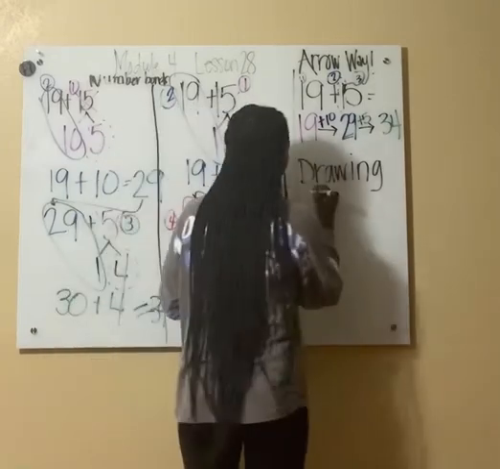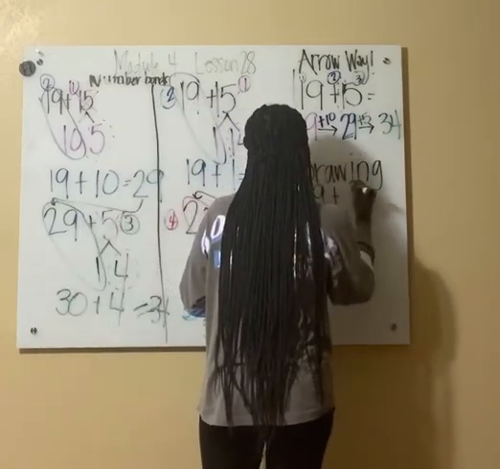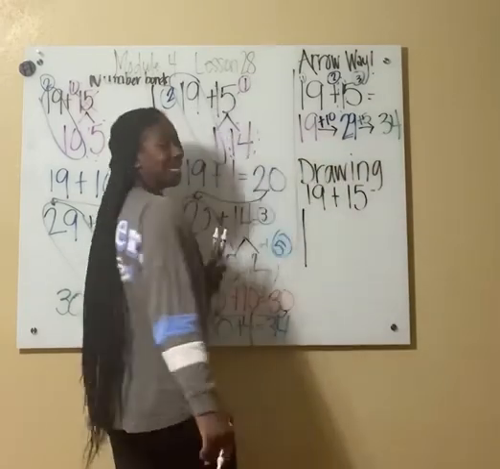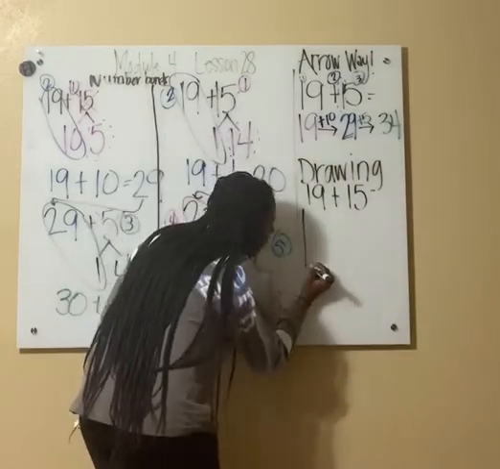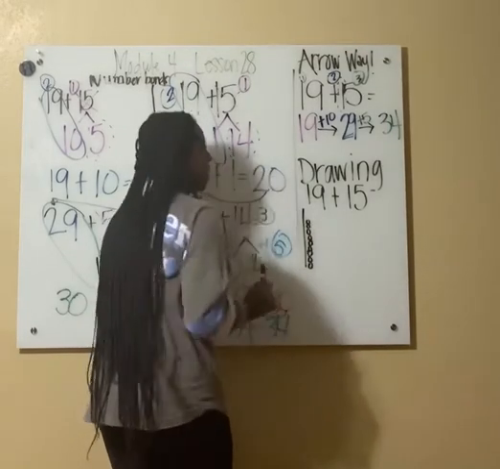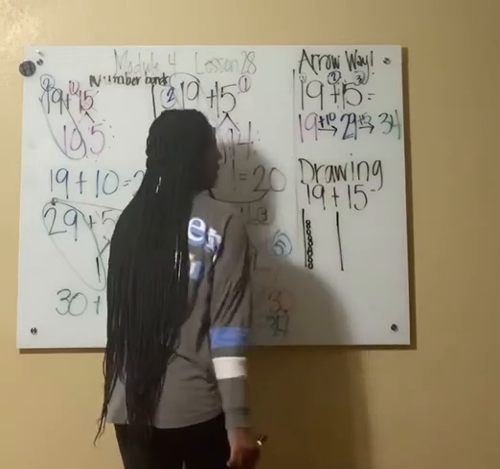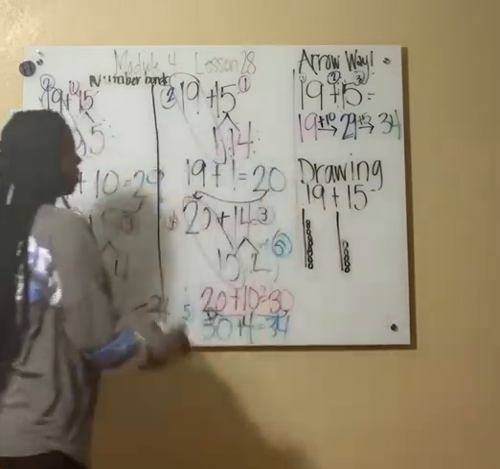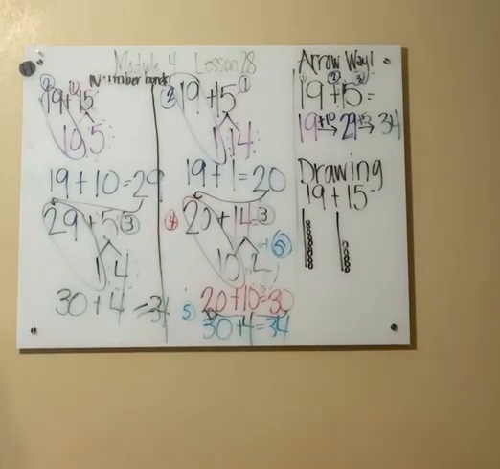19 plus 15. Let's go. Same way. I have my 10, and I'm going to draw 9. 1, 2, 3, 4, 5, 6, 7, 8, 9. Then I have 15. My 10, 1, 2, 3, 4, 5. Now, this is what I want you to look for.